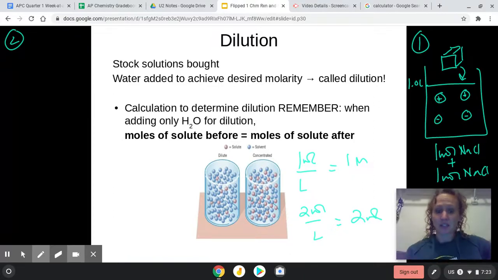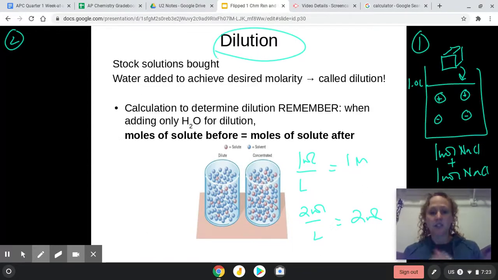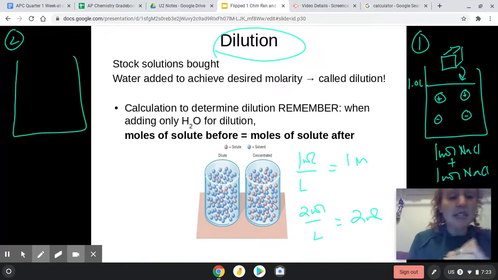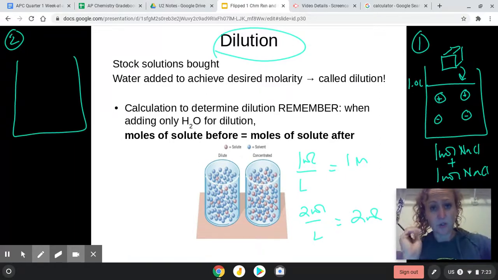And we created these standard solutions by taking an original solution and adding water and diluting it. So dilution is referring to a very specific way of altering a solution. It's kind of the opposite of what we just did on the right side of the screen with adding more solute. This is kind of the opposite. We're adding more water.